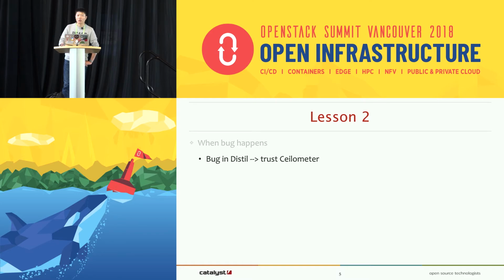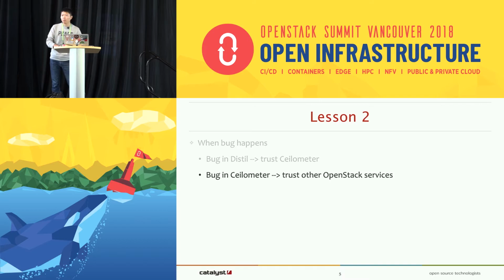But what if there are bugs in Ceilometer? We met a problem before where the instance information was not refreshed correctly in Ceilometer's local cache, which led to incorrect instance billing. In this case, we had to look at the database, especially the instance actions table in Nova, to get the actual running time for the VMs.